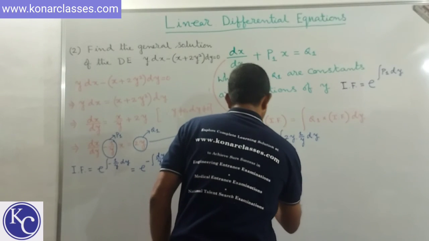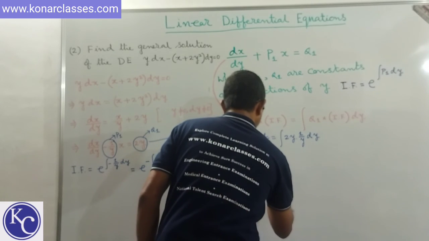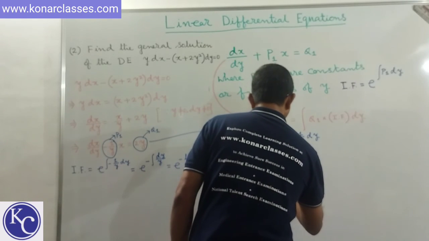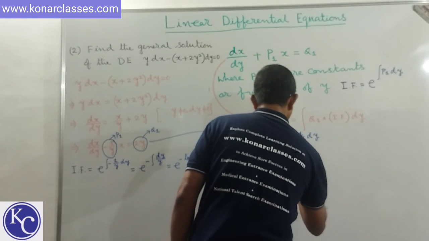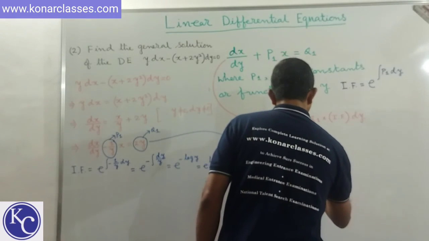So this implies x by y is equal to 2 integration dy, correct? y got cancelled since y is not equal to 0.